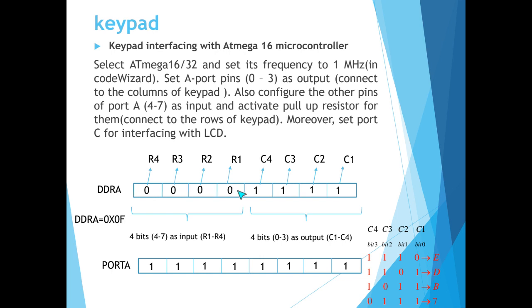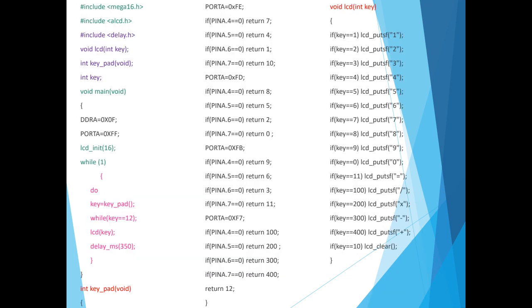Then we write logic 0 for input pins, and we write logic 1 for output pins. And then if we want to write the code in a hex number, DDRA is equal to 0x0F. So I wrote it again here.